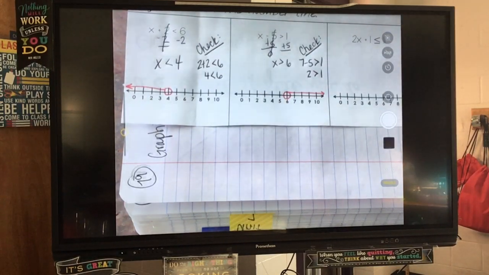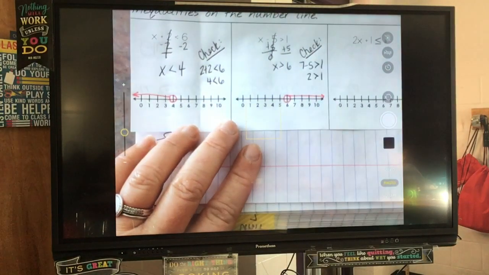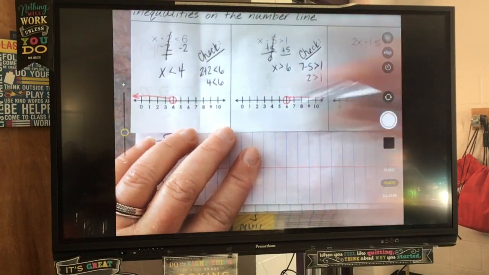All right, so questions about the solving part? Yes, no? No? We feel good about it? Always do the opposite, no matter what. Multiplication, division, addition, subtraction, always do the opposite. I'm actually going to add that to the bottom, just so we remember.